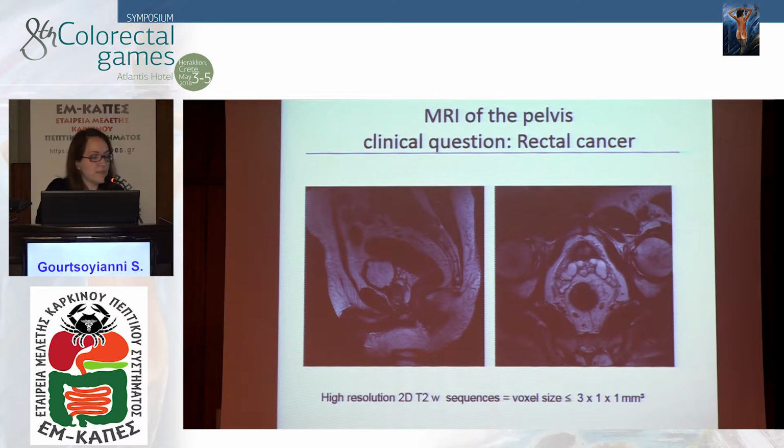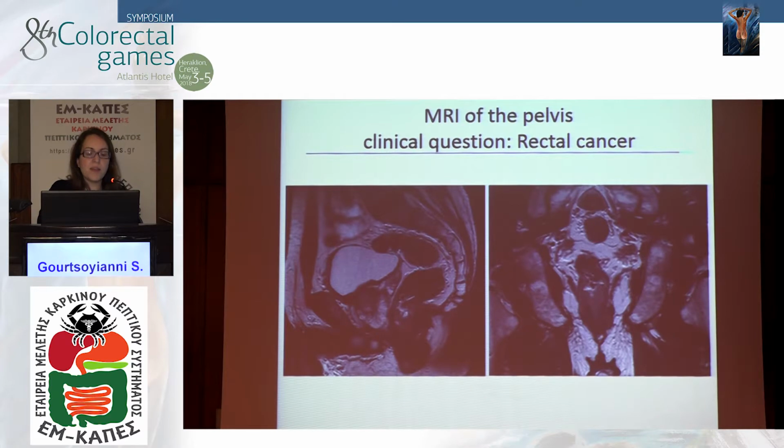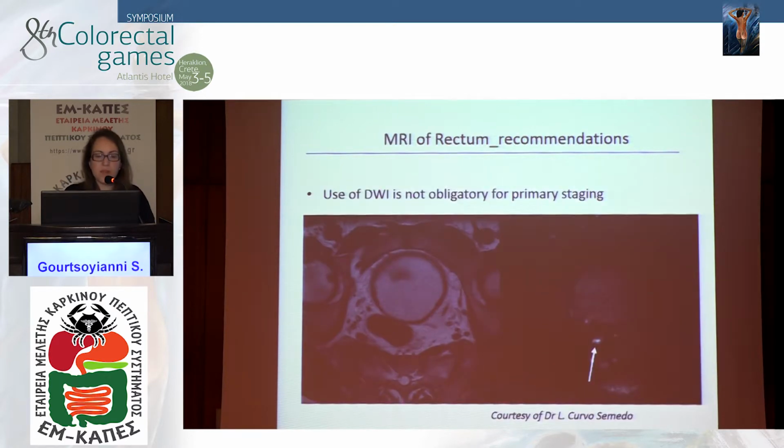And images like this are performed, and these help us to identify, especially for middle rectal cancers, the relation and the distance of the primary tumor to the mesorectal fascia. And if we have a low-lying rectal cancer, the coronal plane images should be obtained on a plane that is parallel to the tumor axis.